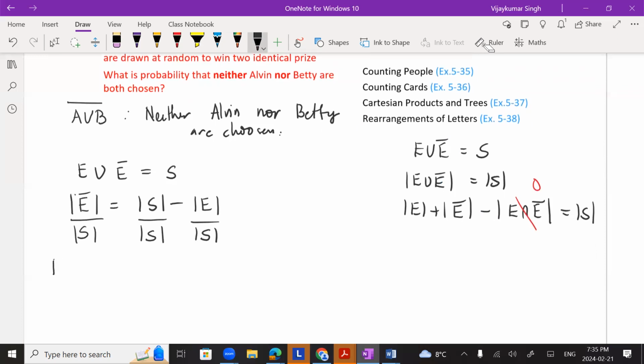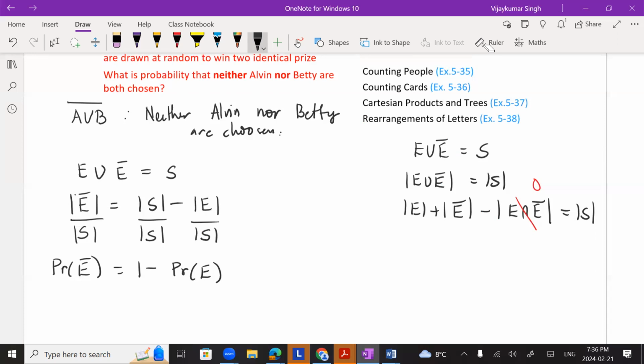This is the probability of E complement, something not happening. This is 1 minus the probability of E. The probability of something not happening is 1 minus the probability of it happening. Does that make sense to you?